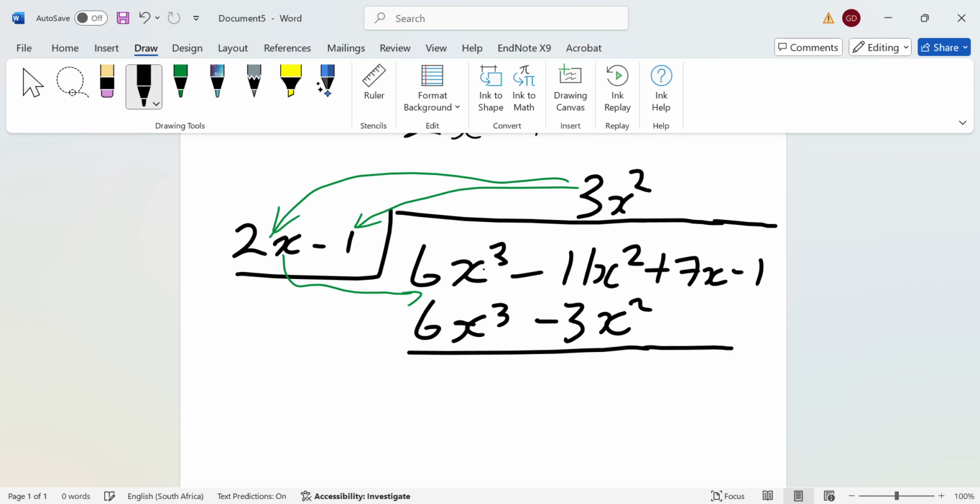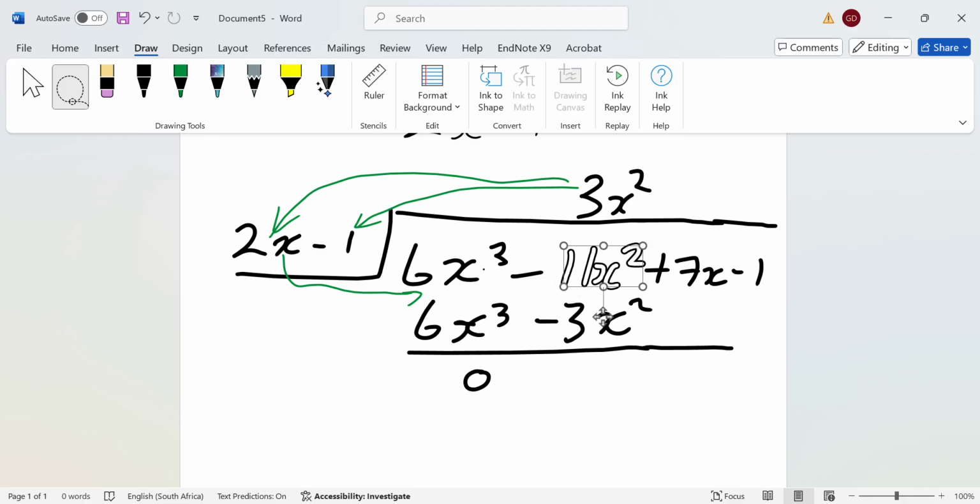So there, and then what you do, 6x cubed subtract 6x cubed below. So what you get is a 0 there, so nothing, and then minus 11x squared subtract that 3x squared there.